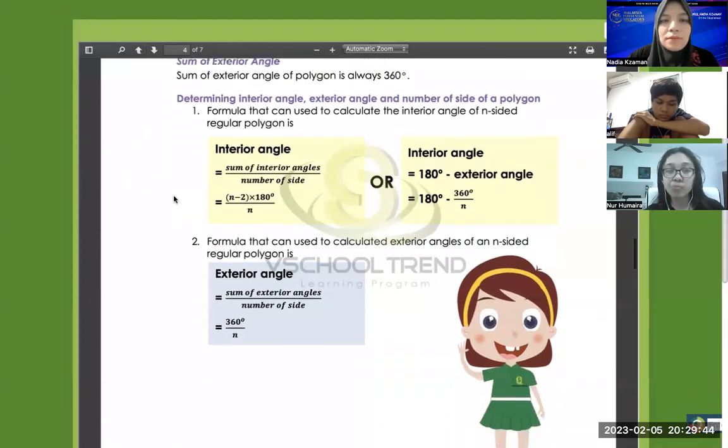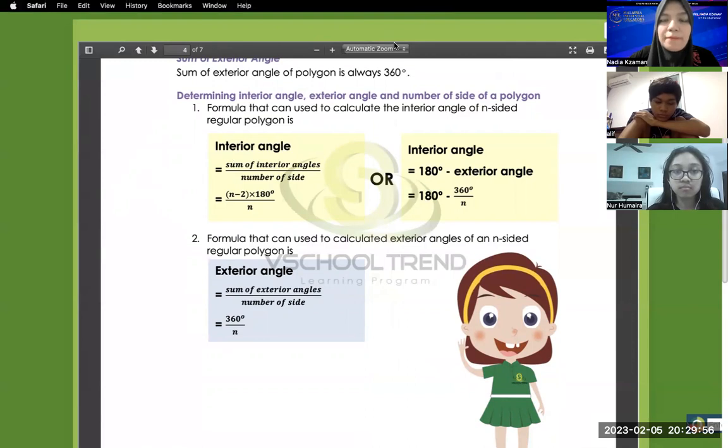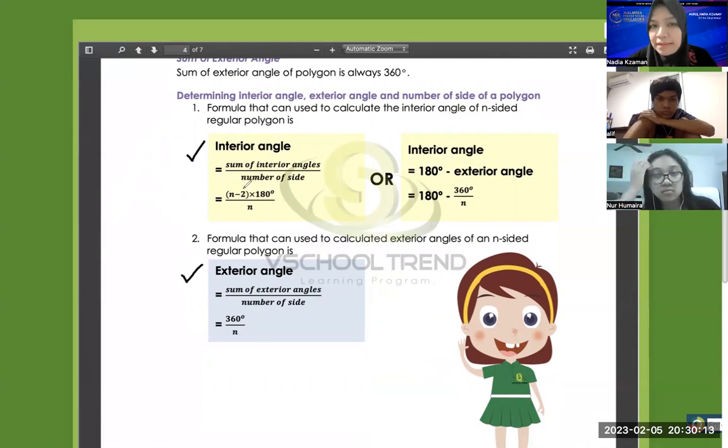So now, let us determine the interior angle, exterior angle, and number of sides of a polygon. So, in terms of interior angle, this is the formula that you need to remember, and you can take notes on this one because this is the formula that you need to memorize for polygon. So interior angle is equal to sum of interior angles divided by number of sides.